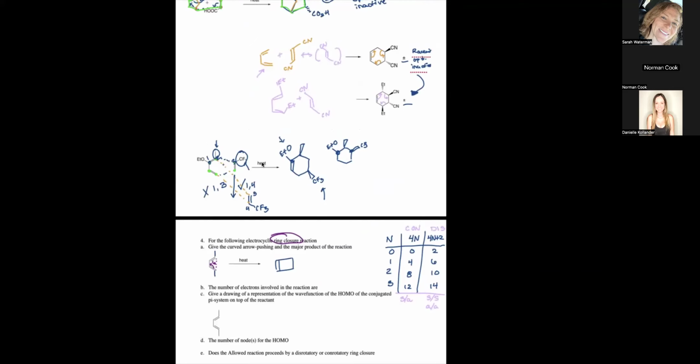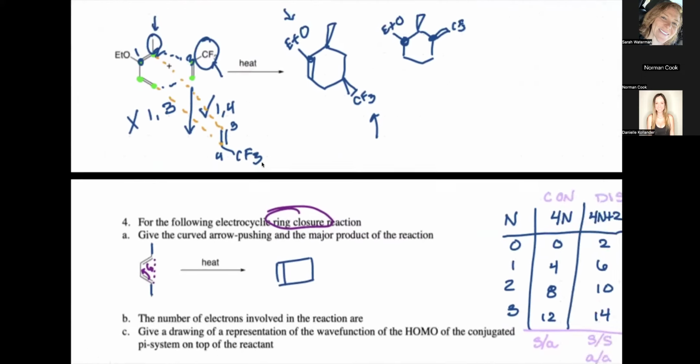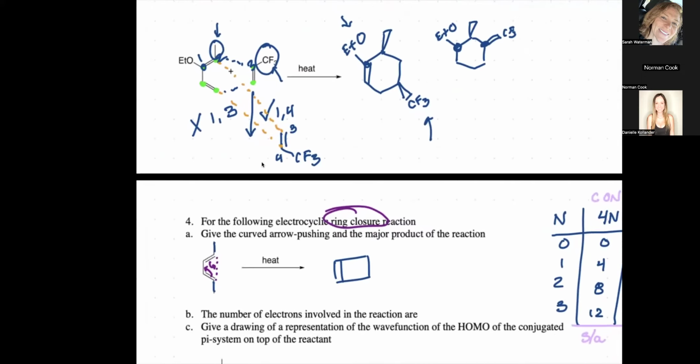Because we have 4 electrons participating, it's conrotatory. So what does conrotatory mean? That they move in the same direction. So these methyls are going to move in the same direction.